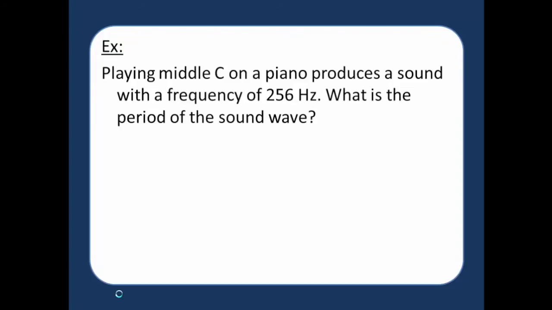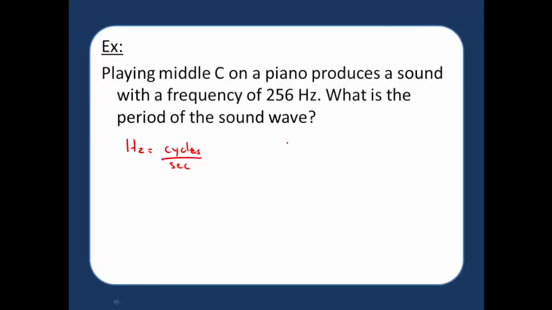So let's take a look at a question where we might be able to use this. Playing middle C on a piano produces a sound with a frequency of 256 hertz. What is the period of the sound wave? So again, I want to remind you that a hertz is equal to cycles per second. So if we take the inverse of that, we're going to get seconds per cycle, which will be the period.